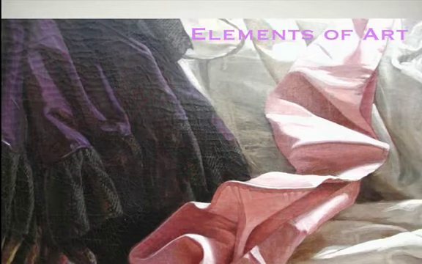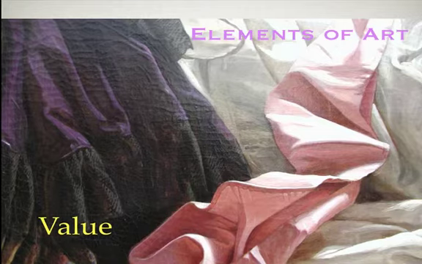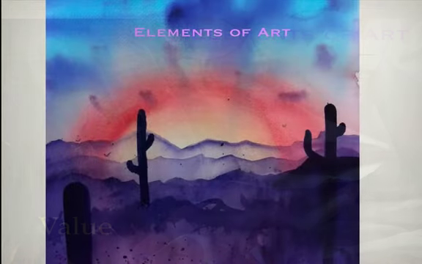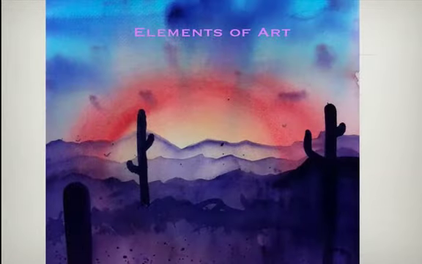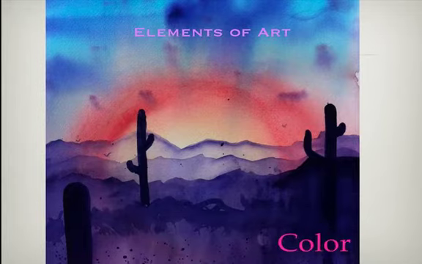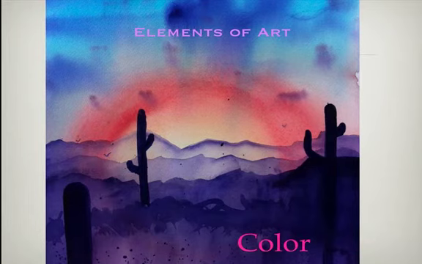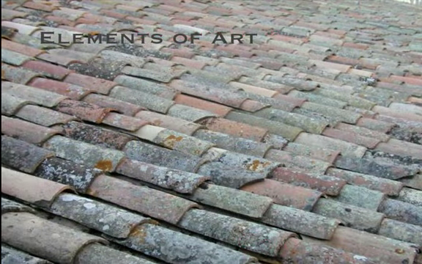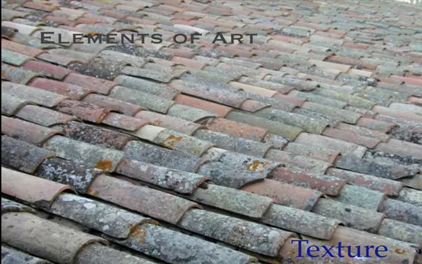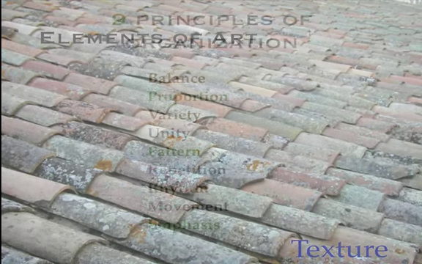And in this piece of work, we have lots of value. And in this watercolor, the element of art that stands out is color. And finally, the element of art that really stands out in this one is texture.